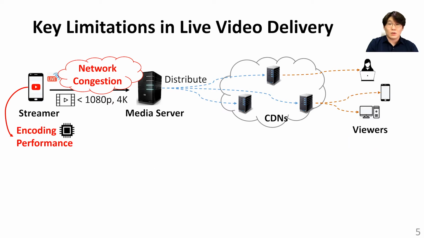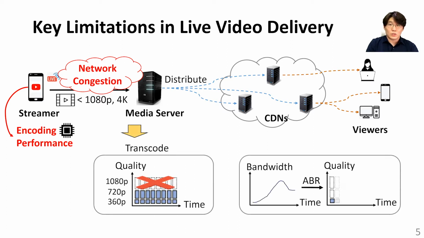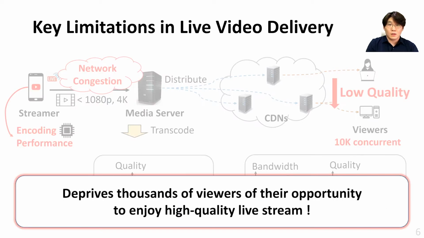For example, if the network bandwidth between the streamer and the media server is scarce, or if the streamer lacks computing power on their devices to encode the live stream in real time, the ingest stream quality suffers by limiting the transcoded options and restricts the quality of the entire delivery downstream. This potentially deprives thousands of viewers of their opportunity to enjoy high-quality live stream.